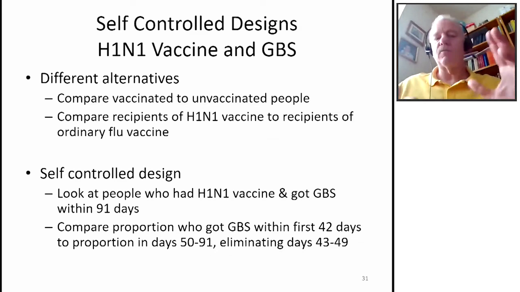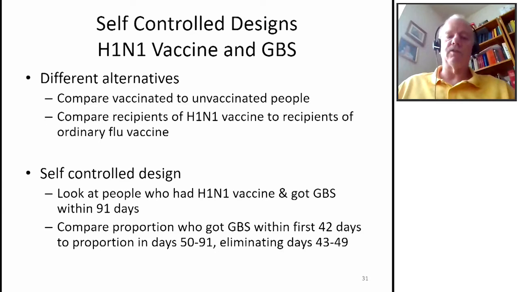And those are more likely to be comparable in terms of how health conscious the people are. There's a little bit of a problem in that there might be a great overlap. Maybe most people who got the flu vaccine also got the H1N1 vaccine, so it might be hard to find enough people who only got one.